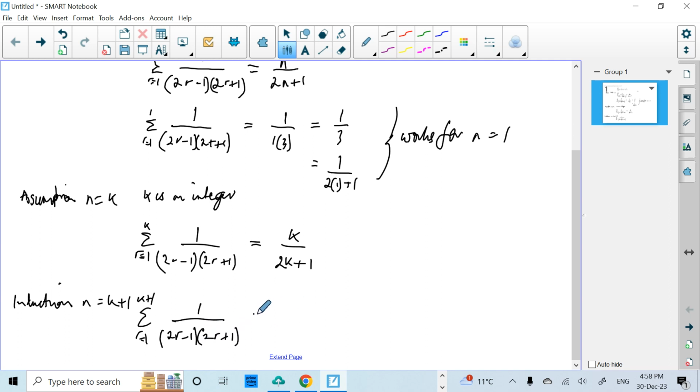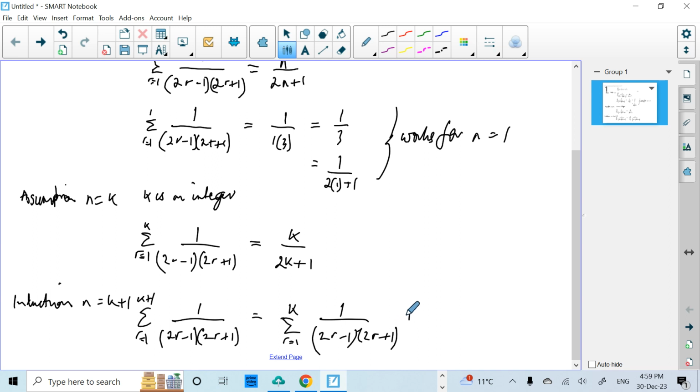And that's equal to, now I have my assumption, k over, and r is equal to 1, I've got to get this right, and then I write out the question again, which is 1 over 2r minus 1 to r plus 1.